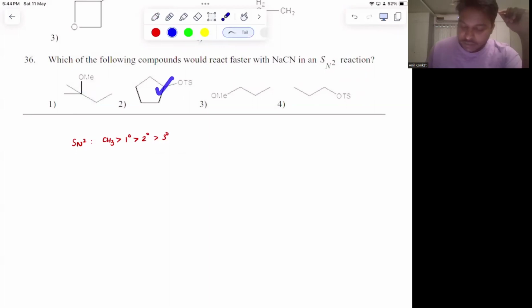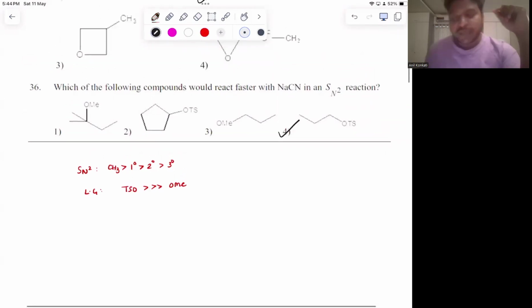This is secondary, this is primary, and this is primary as well. And if you notice the leaving group ability, OTs is very, very strong compared to OMe. That makes 4 to be the better reaction for SN2.